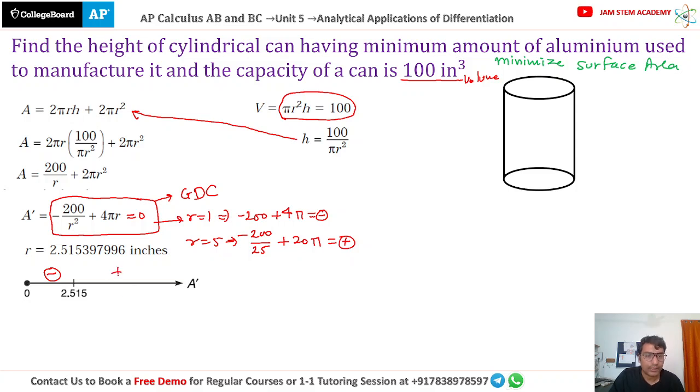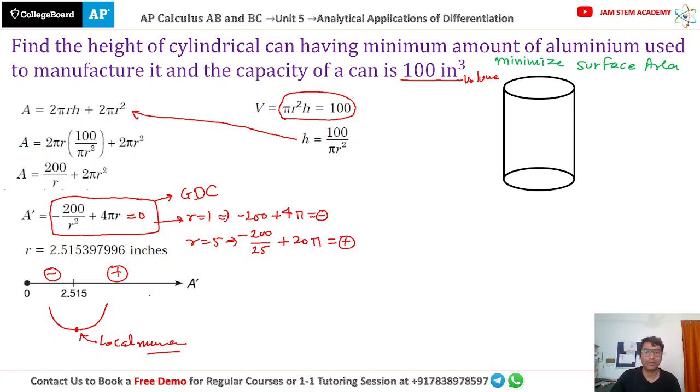So positive. That's your first derivative test. See, the function was decreasing first, then started to increase, and there is this point, 2.515. That clearly shows this point is a point of local minima, right? It is going from negative to positive.